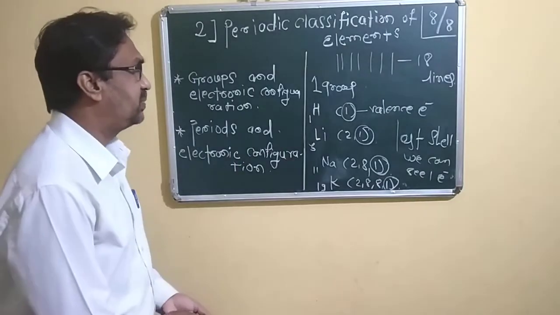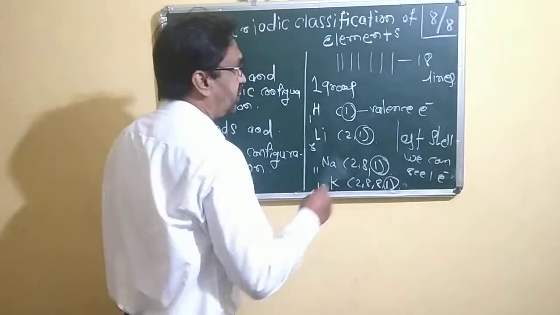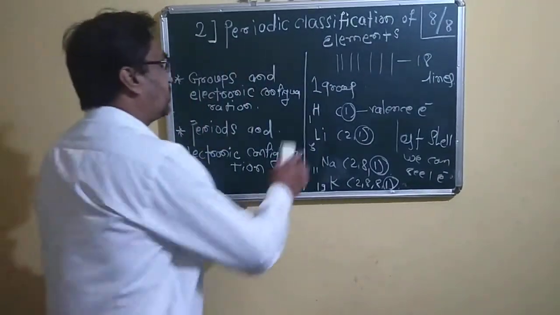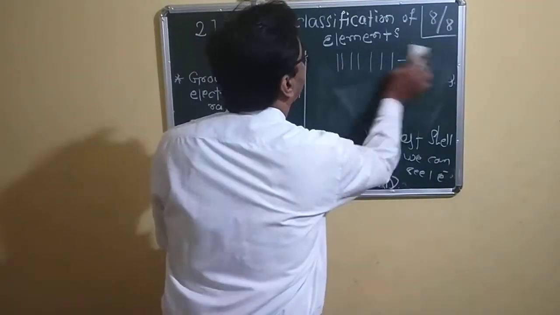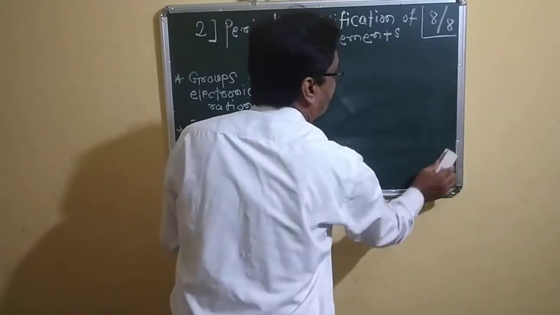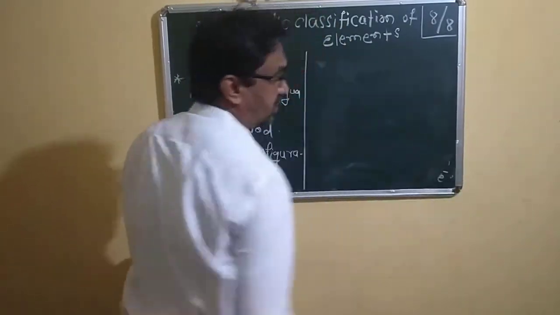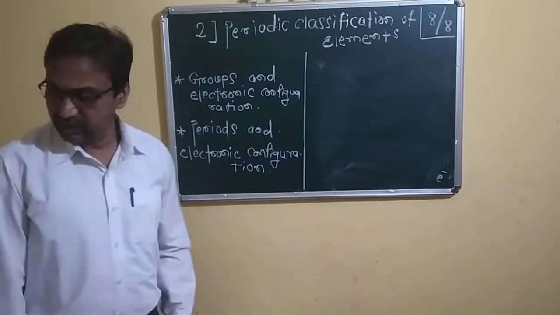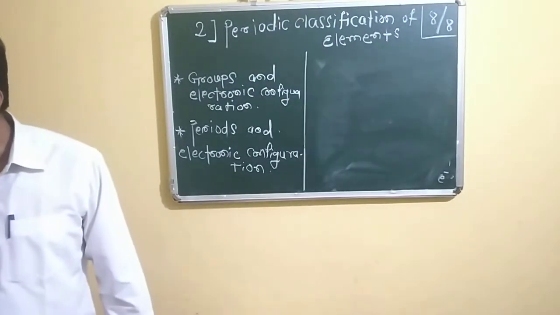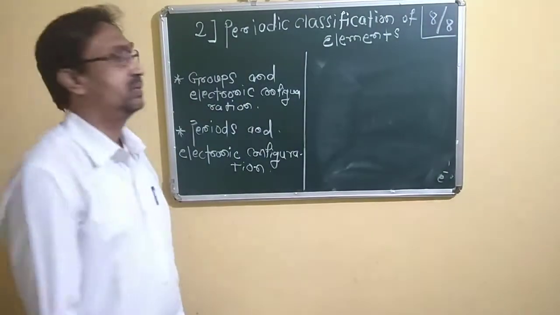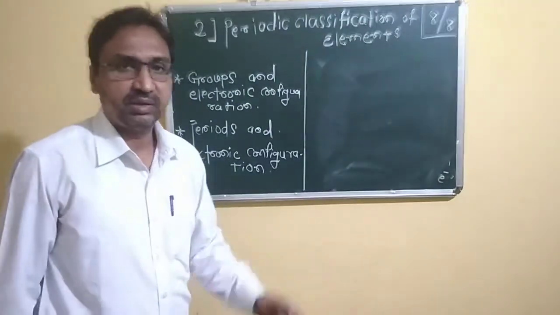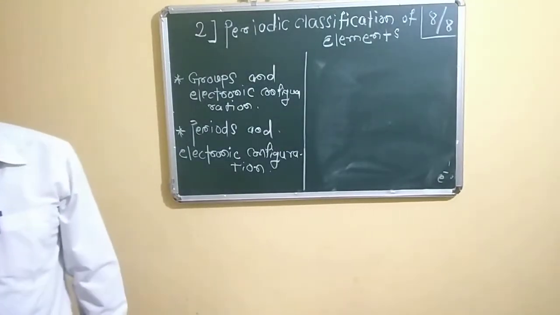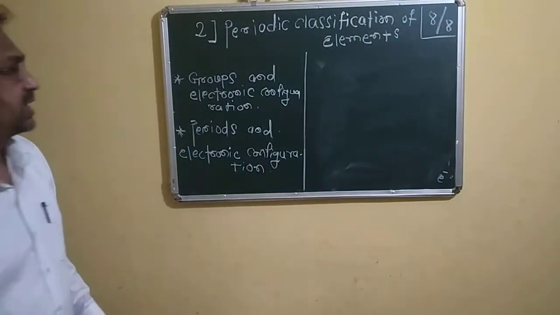Let's take another example. Instead of the first group, we are taking the second group. Let's see on page number 23, the modern periodic table. We are taking the alkaline earth metals, the second group, that is the vertical column. In that group, we are taking beryllium, magnesium, and calcium.